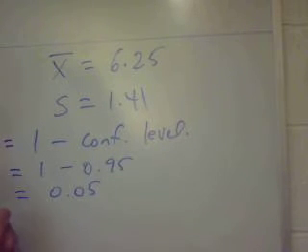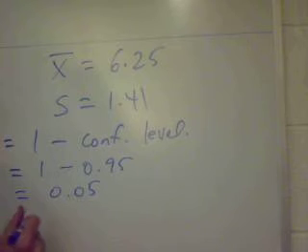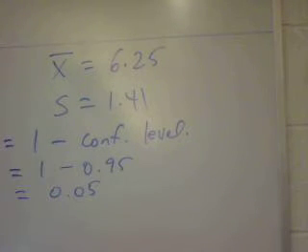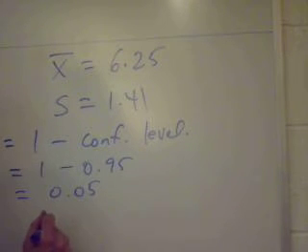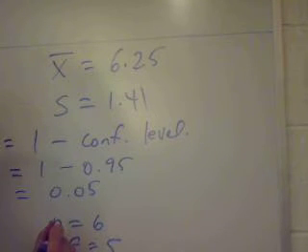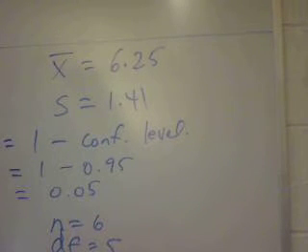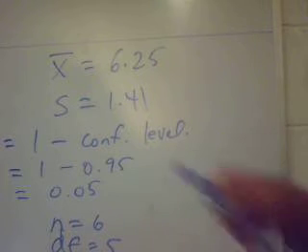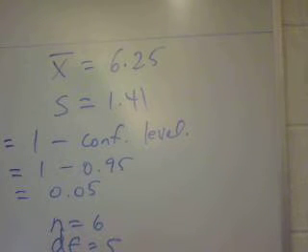So we're looking for df equals 6 minus 1, because n is 6, so df is going to be 5. And we're looking for T sub alpha over 2. Now again, alpha is 0.05, so we're looking for T sub 0.025.